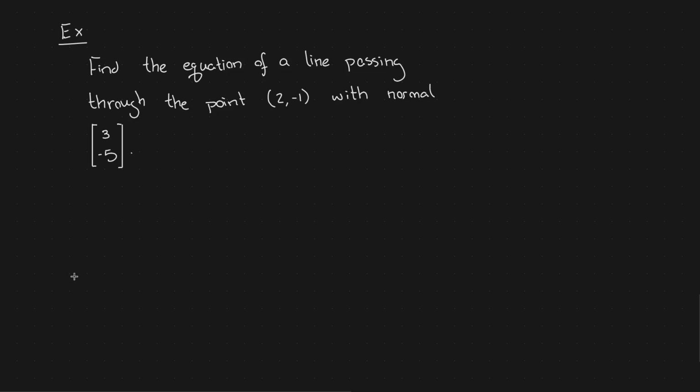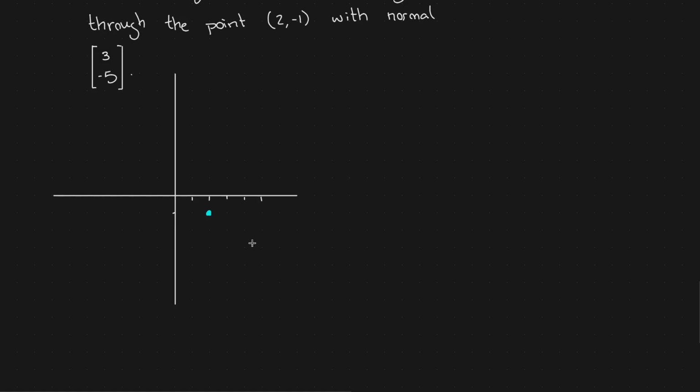So before we do the arithmetic, we could kind of graph it to see what's going on here. So point (2, -1) is right here. I'm going to sketch my normal from that point. So 1, 2, 3 to the right, and then -5 for the y. So that's 1, 2, 3, 4, 5 more down.